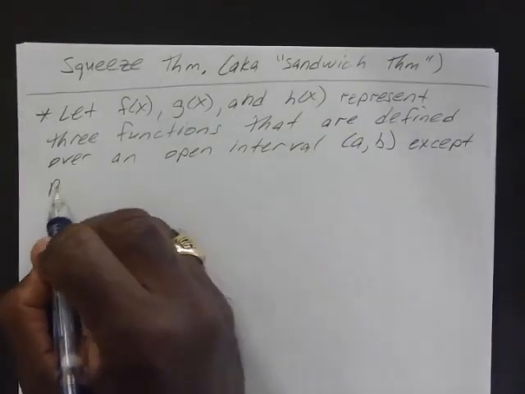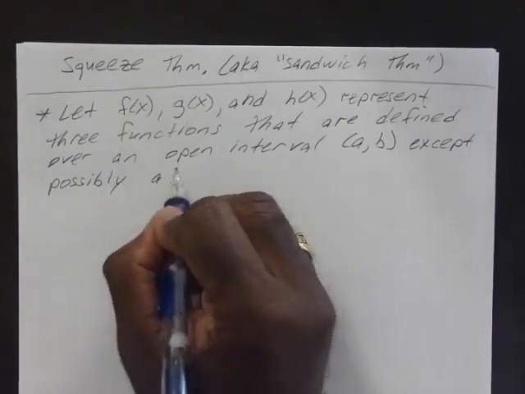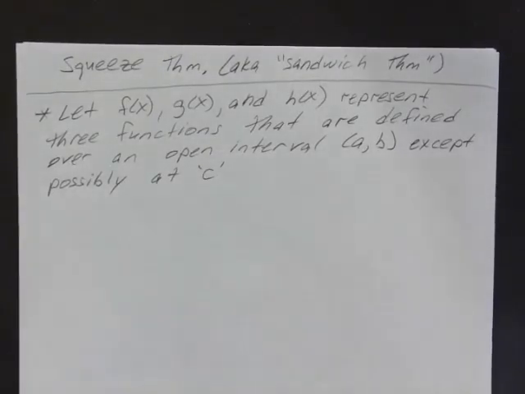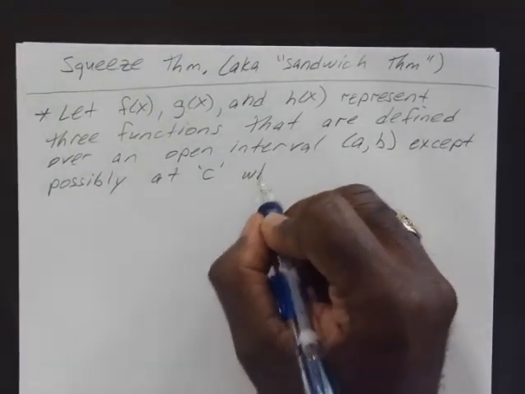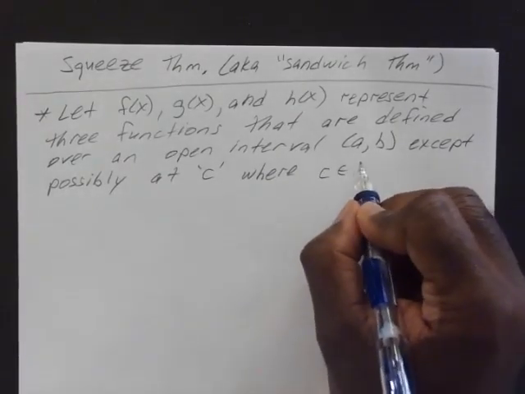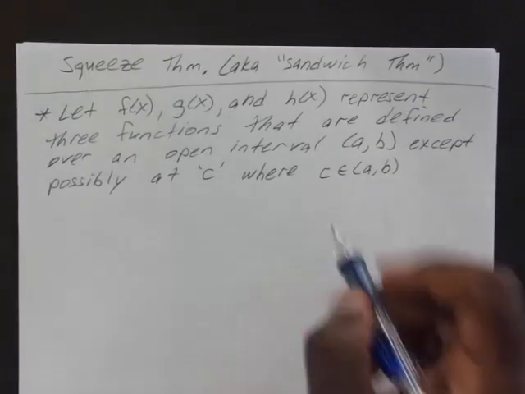Except possibly at c, where we know that c is an element of (a, b). That just means that c is somewhere in that interval.